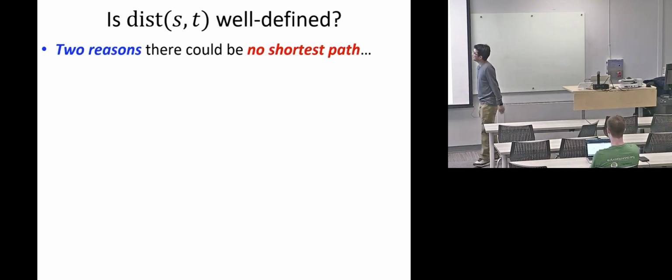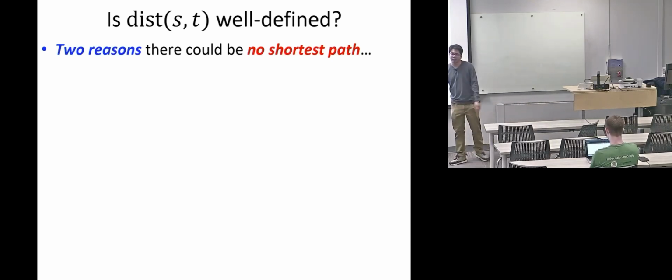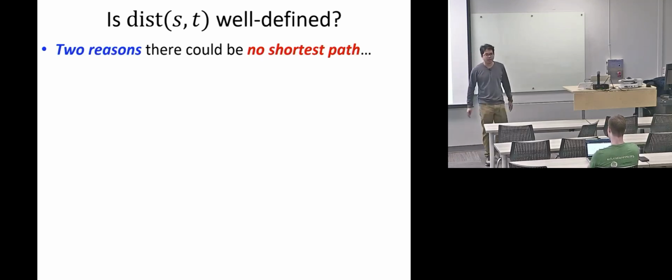Distance from S to T is intuitive, but there are actually two reasons that it's not well defined, that is, there is actually no shortest path from S to T. Can you tell me what the two reasons are? One could be if they're not connected, like two disjoint graphs. Right, there is no path at all from S to T, so the distance is infinite.